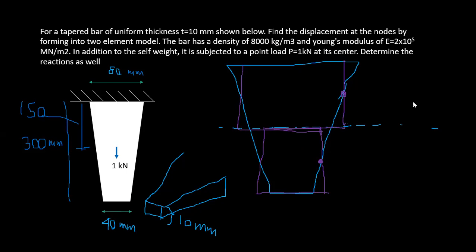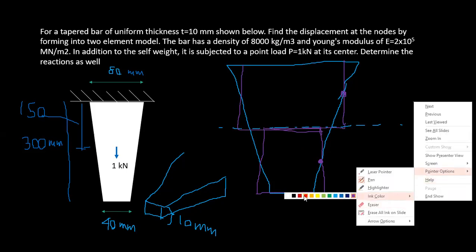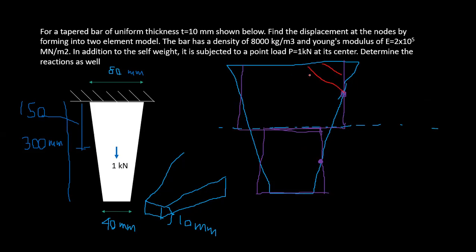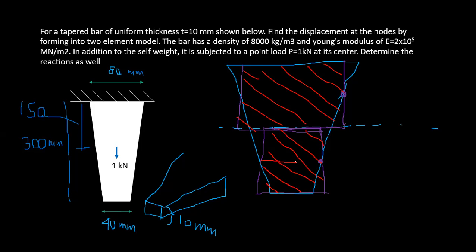So now you are able to use this. This is your bar now, folded into different sections, and you have to determine the section. The length is 80 and the area is 80 into 10, since the thickness is 10 and uniform. The other end is 40 into 10.